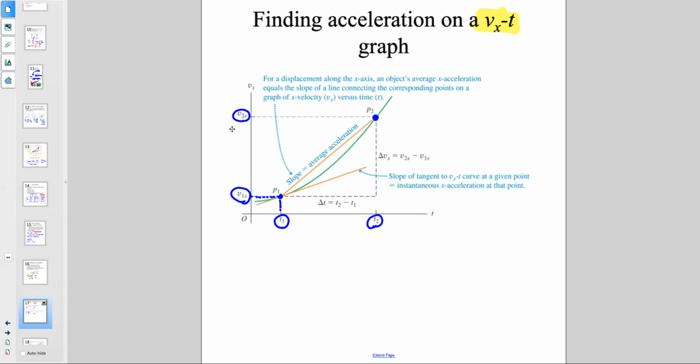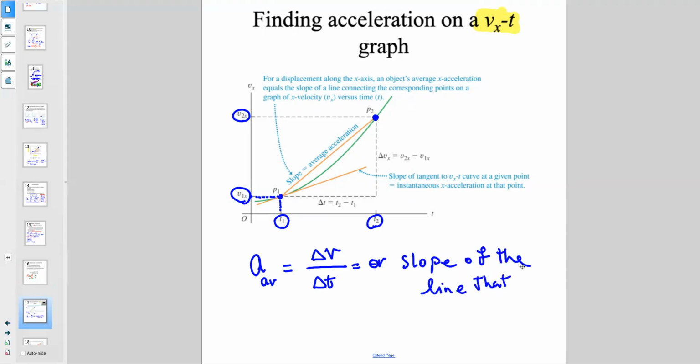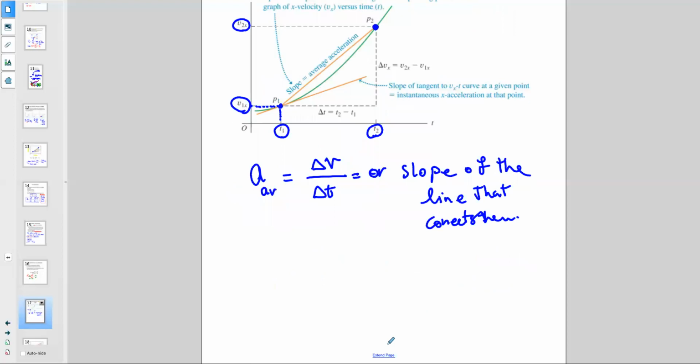If you want to find the average acceleration, a average, it is delta v over delta t, or the slope of the line that connects them. If you're looking at this, I have an angle here.